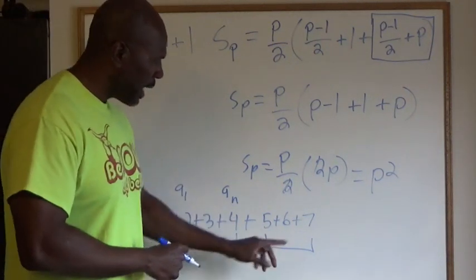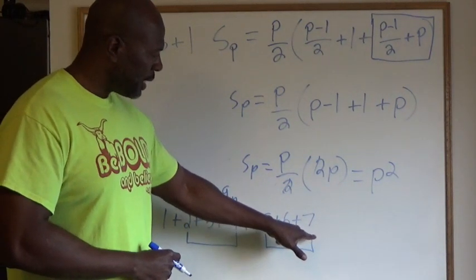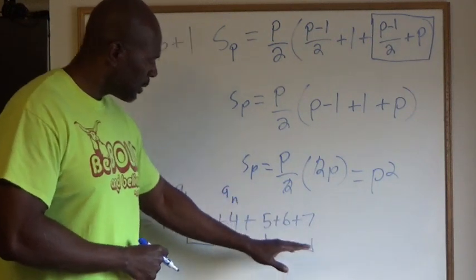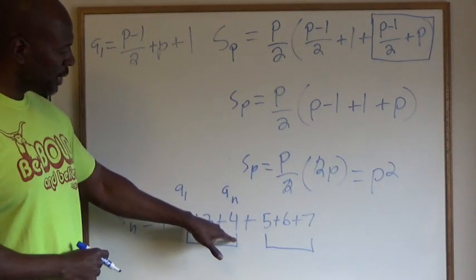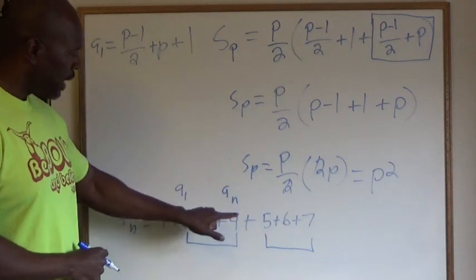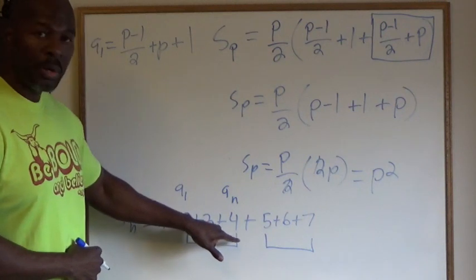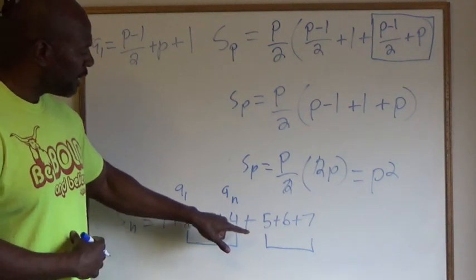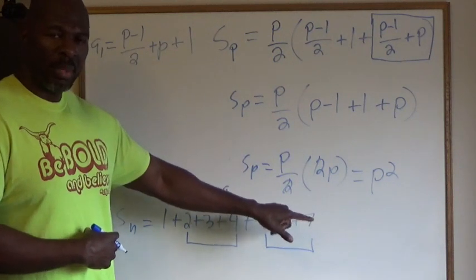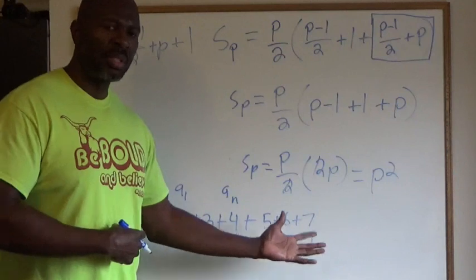Now let's look at an of the second partition. Here's an of the second partition. Well, let's look at an of the first partition, and it's simply 3 more. An of the first partition plus 3, or plus p, gives you an of the second partition. So to get the an of the second partition, you take an of the first partition and simply add p to it.